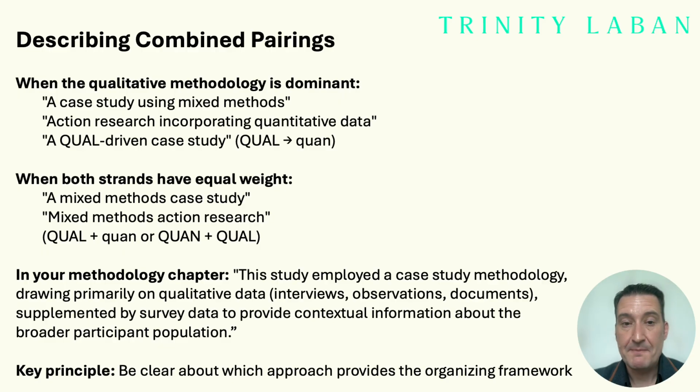Or you might describe it as a mixed methods action research. It signals that both approaches, the quantitative and the qualitative, are central to your design. The crucial point is that the qualitative methodology remains dominant if you're going to be describing it as a case study or as action research, and you place mixed methods first if you're balancing out the quant and the qualitative.